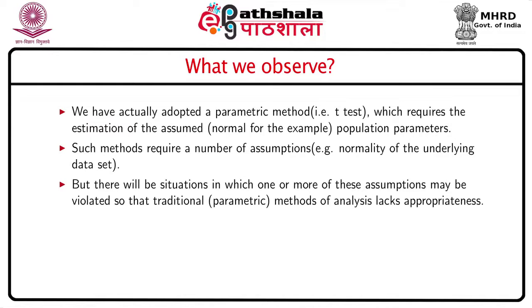But there are situations in which one or more of these assumptions may be violated, so that the traditional or parametric methods of analysis lack appropriateness. We find that the data set for the sales example is not normal. Still, we used the t-test, and therefore the results are not validated, so we can't use the inference obtained from the t-test.